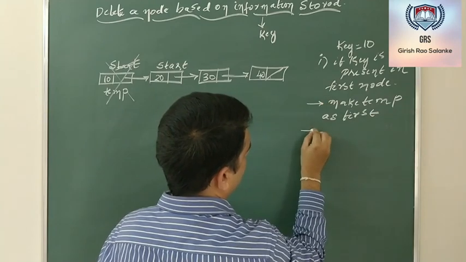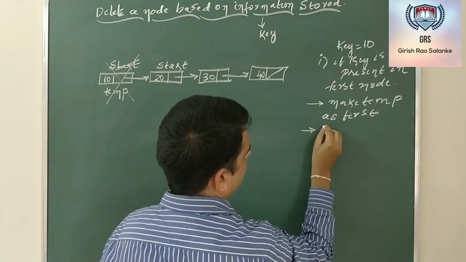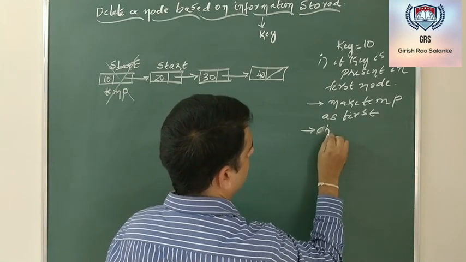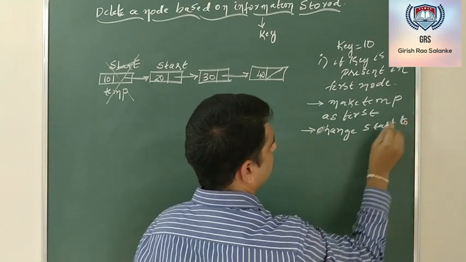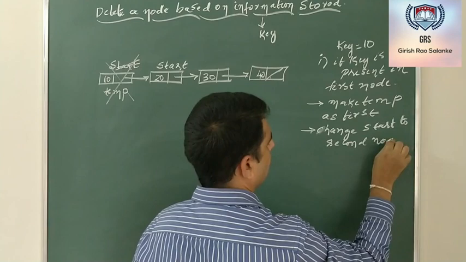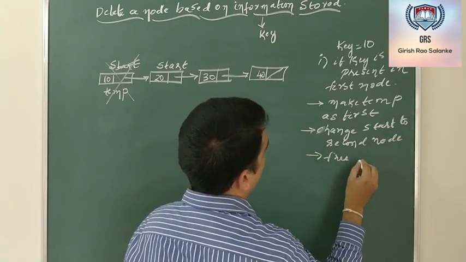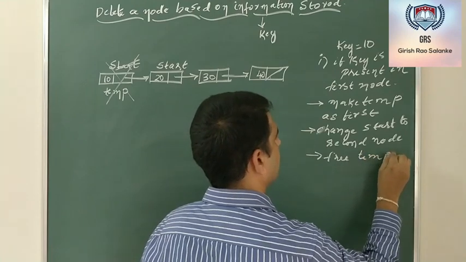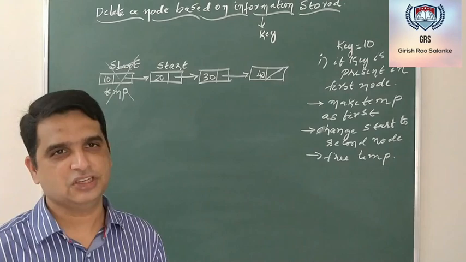This is the first step that we are supposed to do. Change start to the second node, and free or delete temp. This is what we are supposed to do if my information is stored in the first node itself.